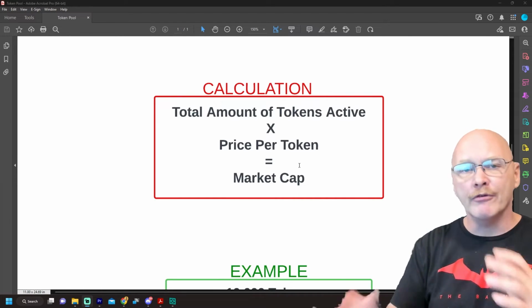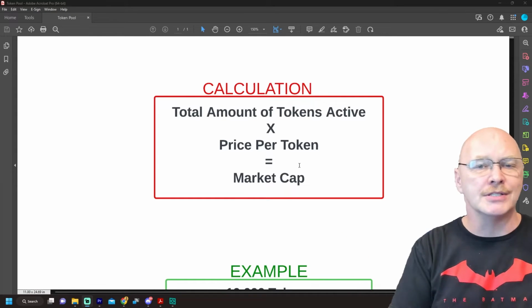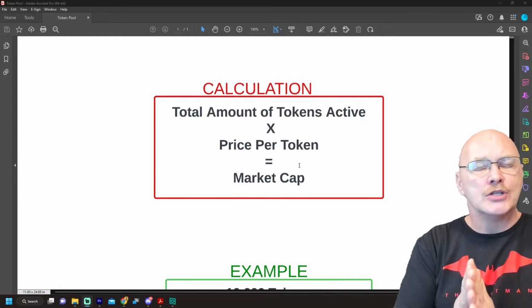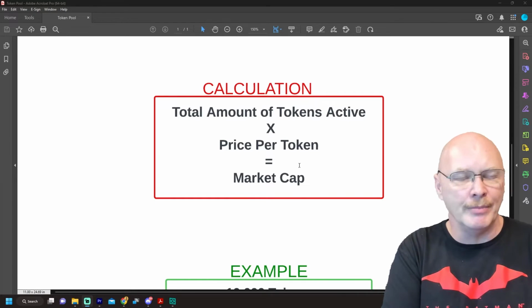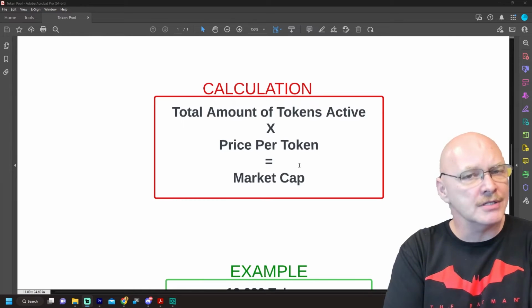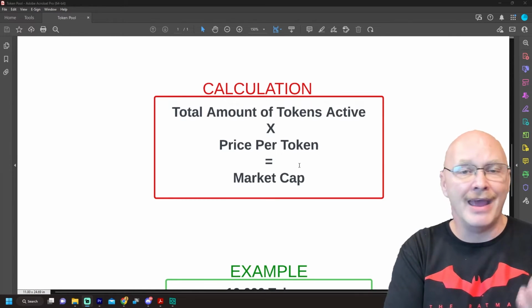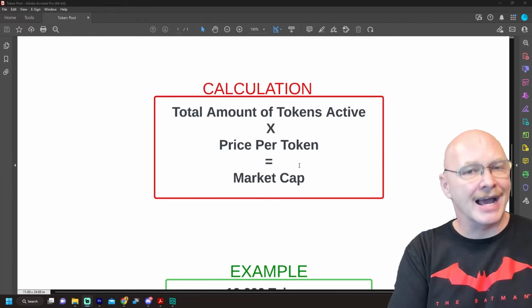So therefore, whatever funds were set across that token are now moved to the remaining tokens that are still active, okay? So to burn a token, you simply send it to a dead wallet that can never be accessed again, and that moves all the value from the tokens that you burnt to the tokens that are still active. Hence, burning a token raises the price of all current active tokens.